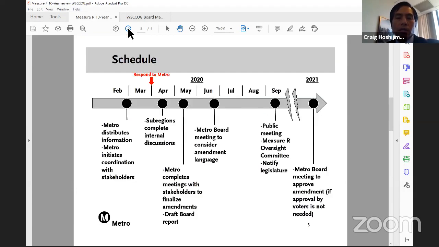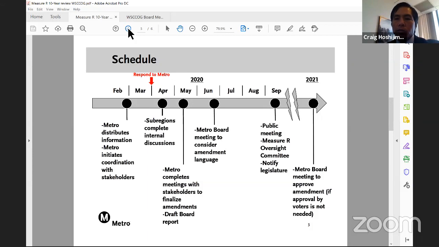This is a graphical schedule of the process. In February, we kicked it off and sent out an information letter to who we thought were interested stakeholders, including the subregions, including the West Side Cities subregion. We were hoping to get any responses back by the end of March, but we're still flexible, so if you all have input, we can still accept it.